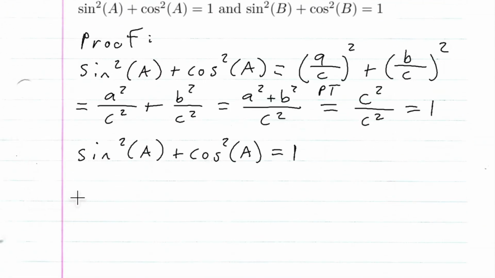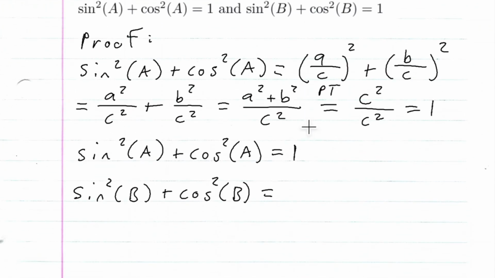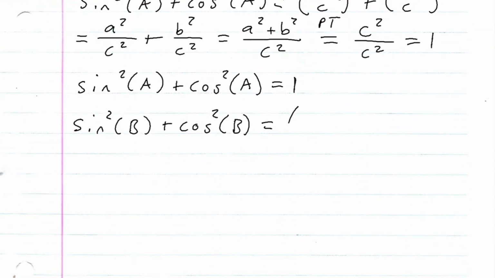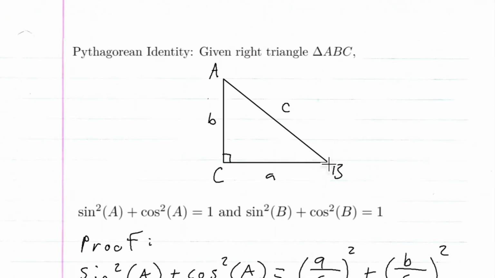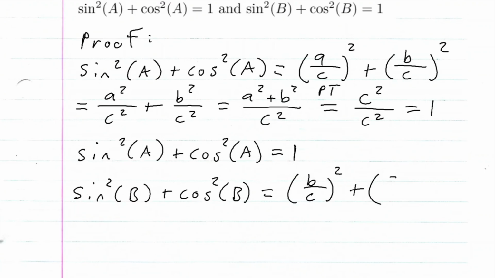Okay, so let's go ahead and do sine squared B plus cosine squared B. Sine is opposite over hypotenuse, so this will be (B over C) squared plus cosine of B, which is adjacent over hypotenuse, so that'll be (A over C) squared.